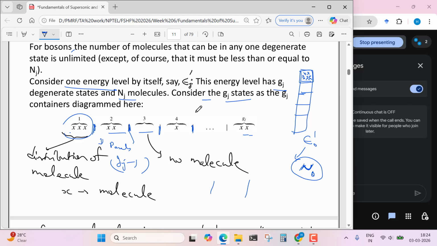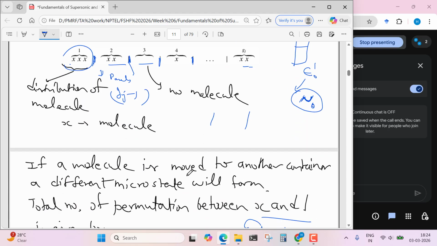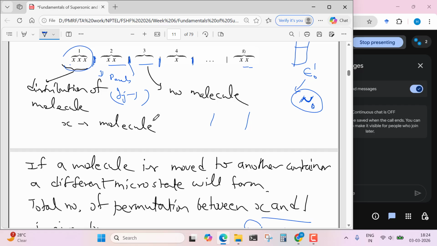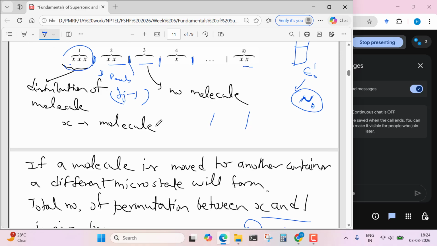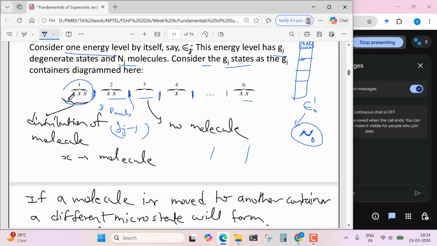How many panels are there? If there are Gj states, then Gj minus 1 is the number of panels. If a molecule is moved to another container, a different microstate will form. So we have to see the total number of permutations between the molecules and the panels.